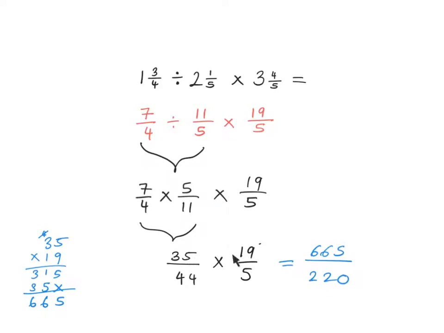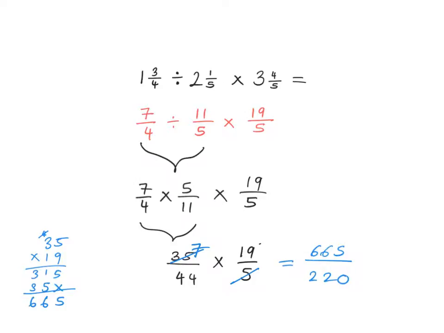I'm multiplying by 35 here and I'm dividing by 5. There's a common factor there I can cancel out. 35 divided by 5 is just 7. So they cancel out to give me 7. 35 divided by 5 is 7. So, and then I'm just left with 7 times 19.